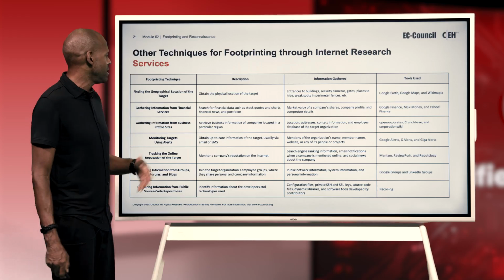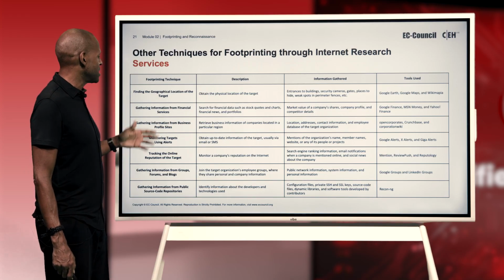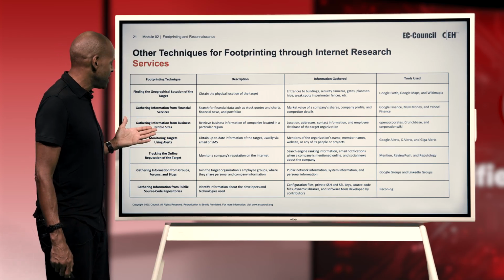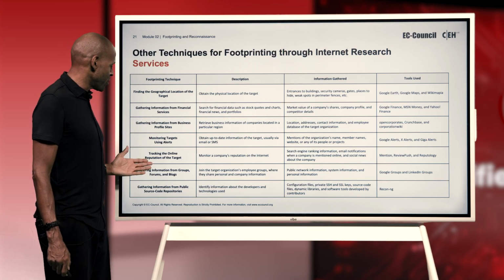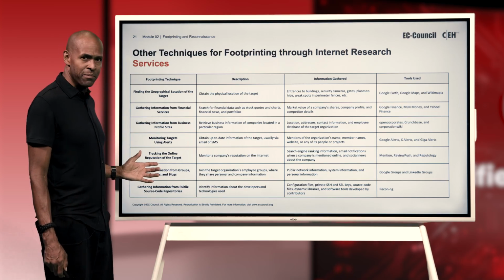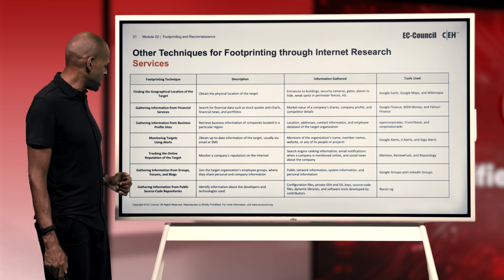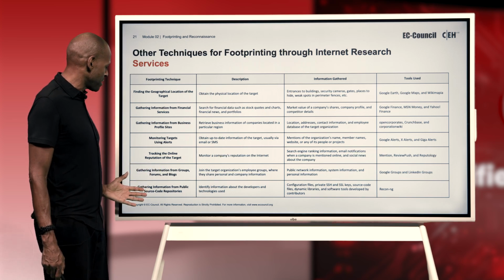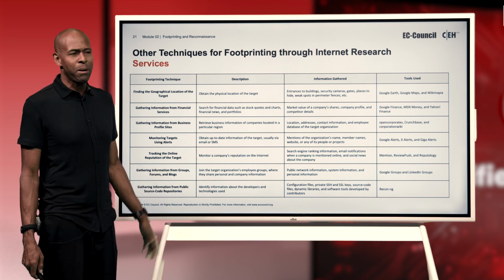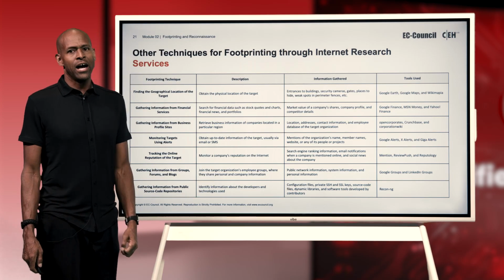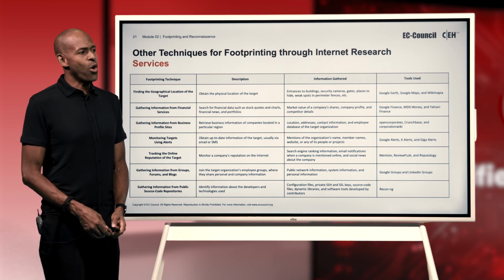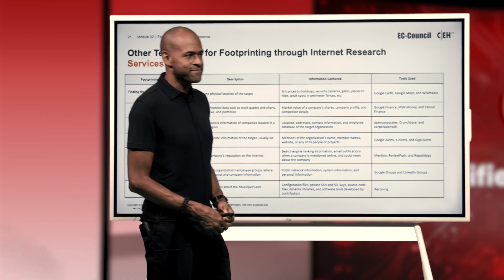They'll send it to me and I'll geolocate the IP address. Financial services, maybe even the business profile. There are alerts and tracking that you can do. So you could set up a tracker if the information changes, gather information from groups and blogs, information from public repositories. There is a plethora of resources to gather open source information.